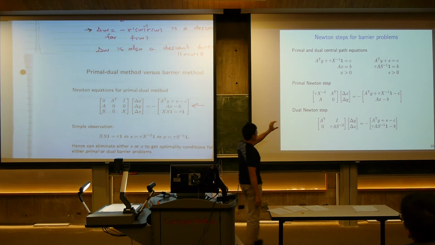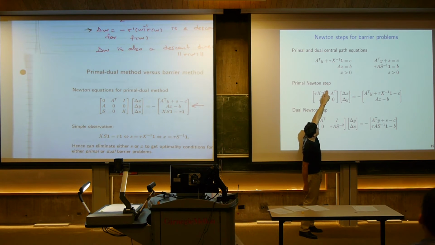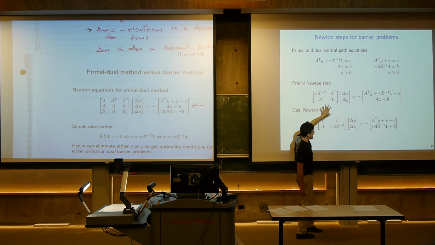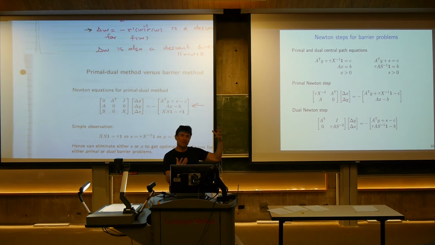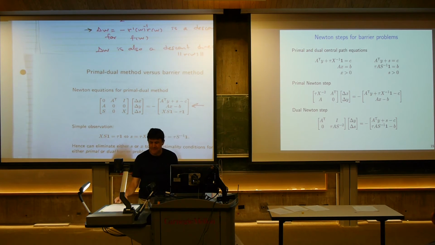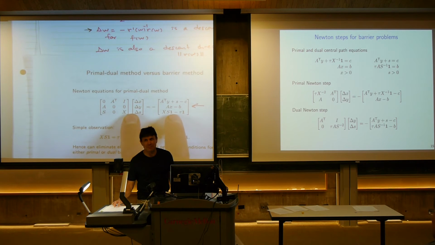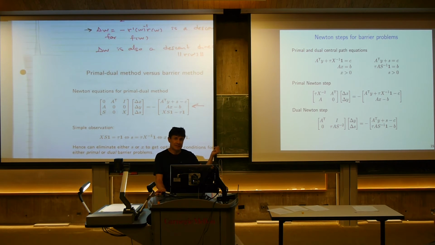If you look only at the primal barrier method, that traces everything purely in terms of the primal variables. The dual variables play no role. So this is a key difference between the Primal-dual method and the barrier method.